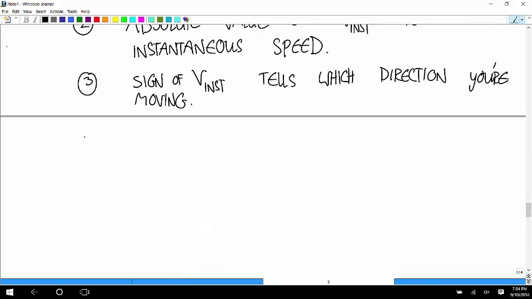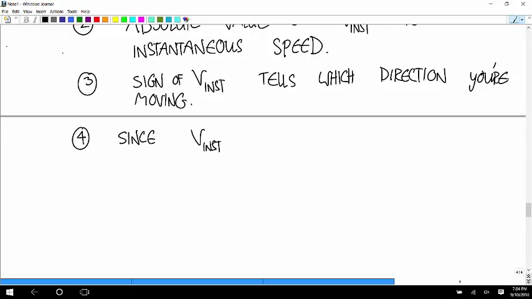And the last thing to notice is, since the instantaneous velocity is really, for the most part, the only kind of velocity we care about, it's the most important type of velocity.